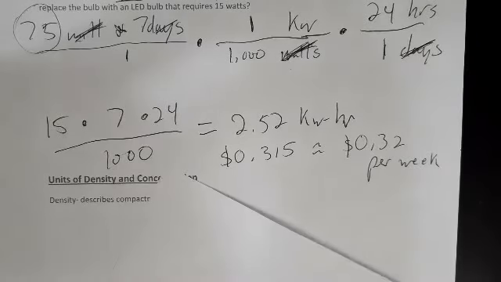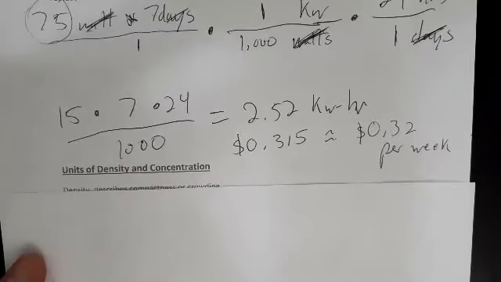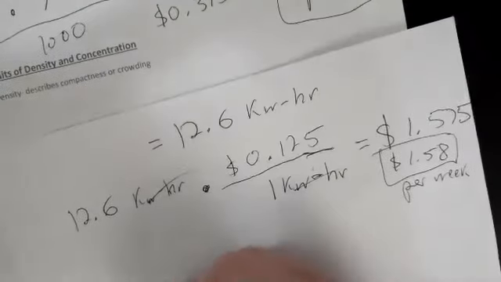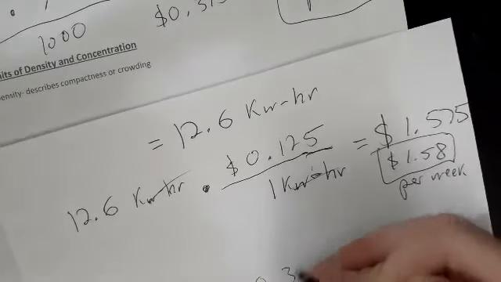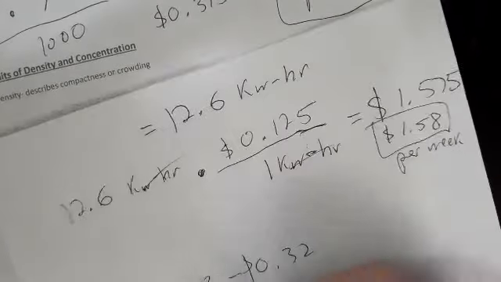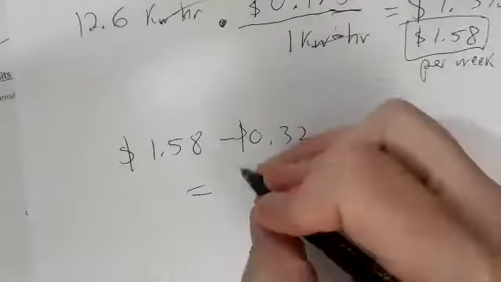So we could either convert these to annual rates now, or we could just look at them. We have this one is costing us 32 cents. This is costing us $1.58. So the difference between $1.58 and 32 cents, that's going to give me $1.26.